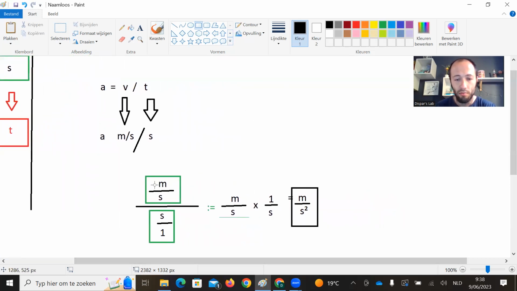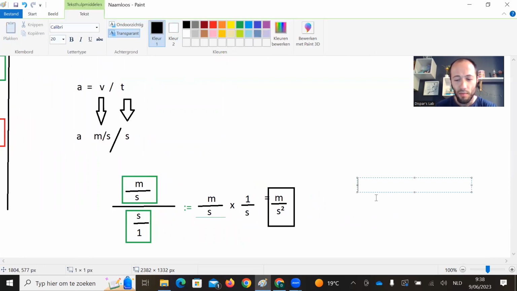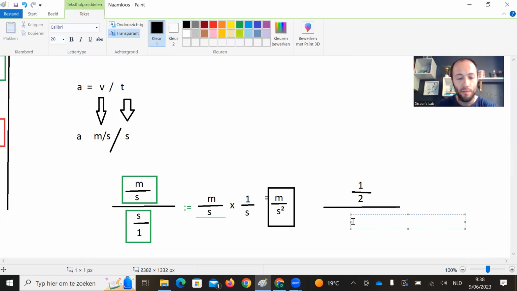You can also use numbers in these. Let's say we take m for 1 and s for 2. So m is 1 and s is 2. So we have 1 over 2 over s, which is 2.